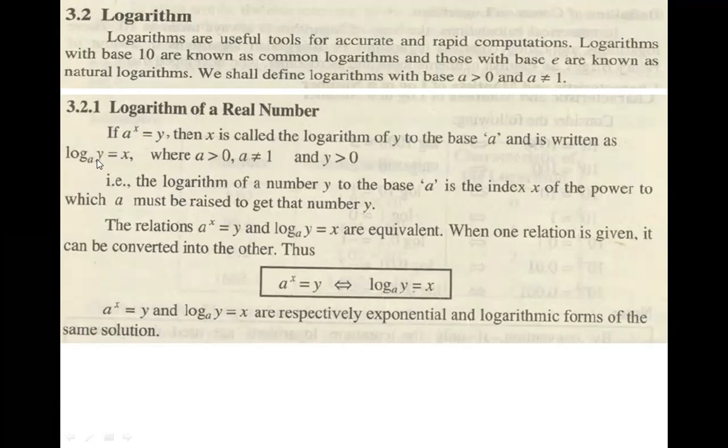And we will write it as log of y to the base a is equals to x, where this a is greater than 0 and a is not equal to 1, and y is also greater than 0. It means that the logarithm of a number y to the base a is the index x of the power to which a must be raised to get the number y.